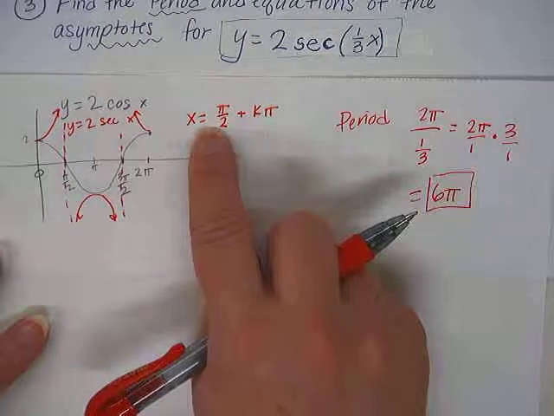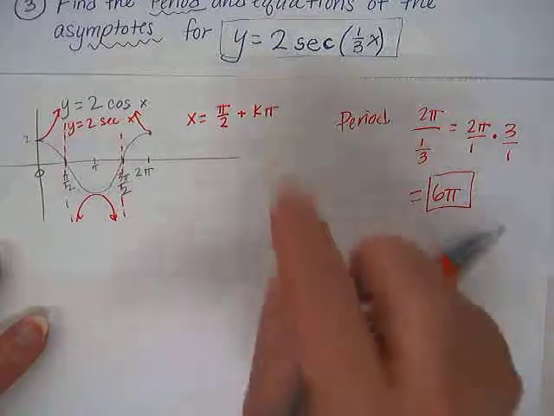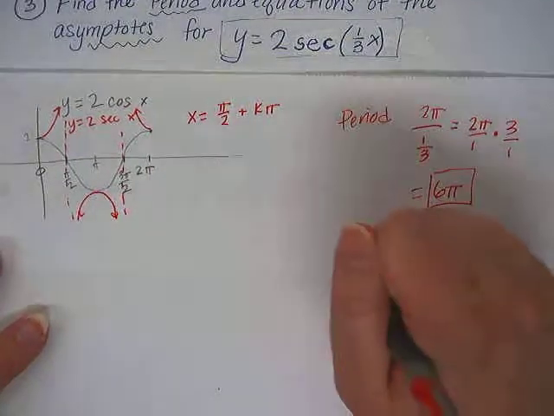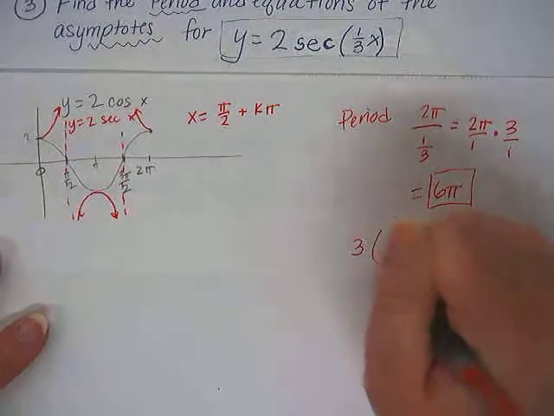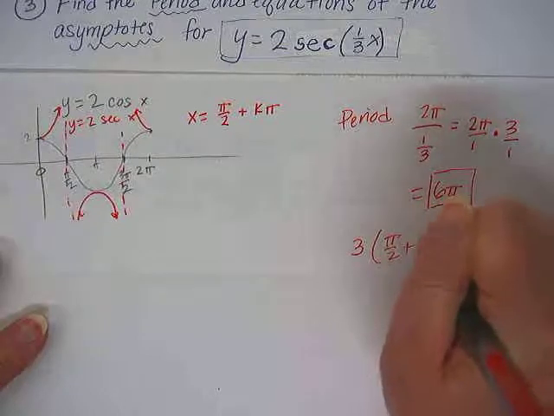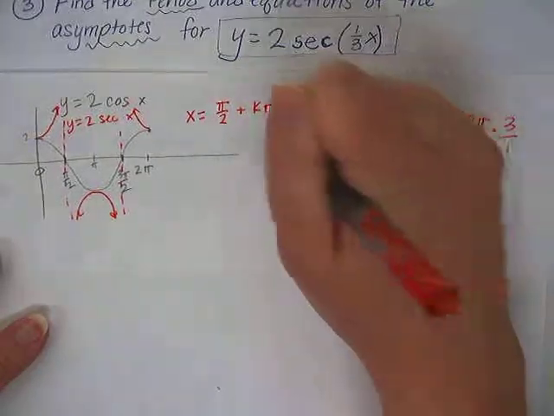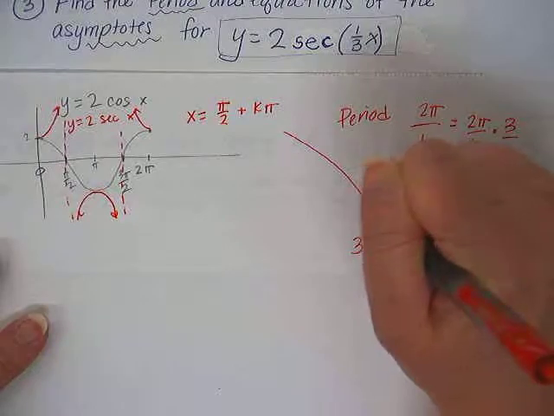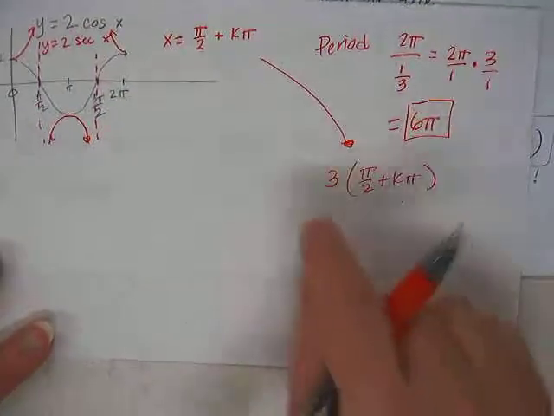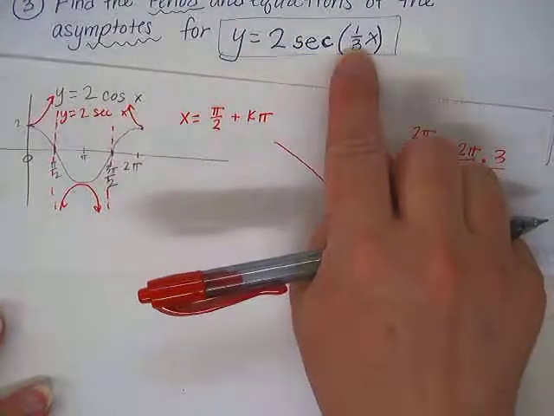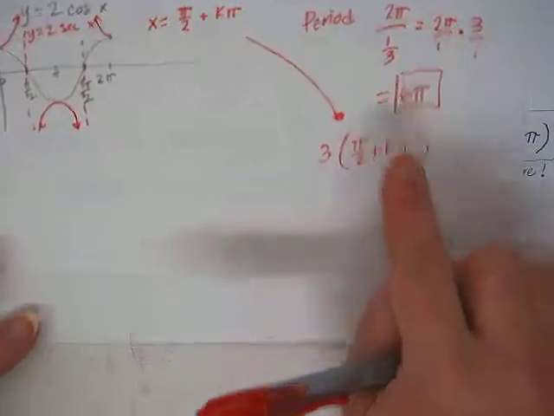Just like we divided by 1/3, which ended up multiplying by 3 for the period, we also multiply by 3 for the asymptotes. So we go 3 times pi halves plus k pi. That's where the asymptotes would normally be.